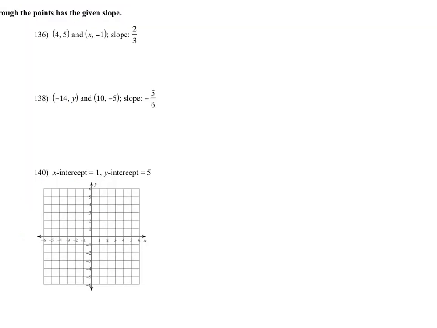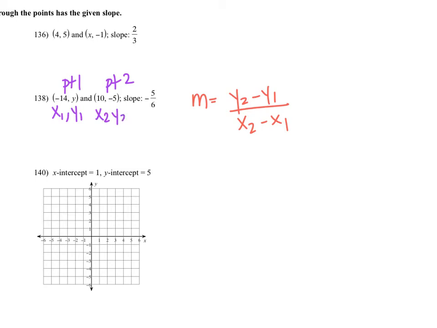138, you get m equals y2 minus y1 over x2 minus x1, so I'm going to make this point 1 and point 2. So this would be x1, y1, and x2, y2. Okay, I'm going to plug this in.